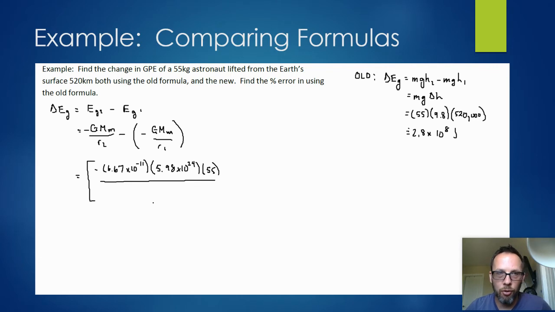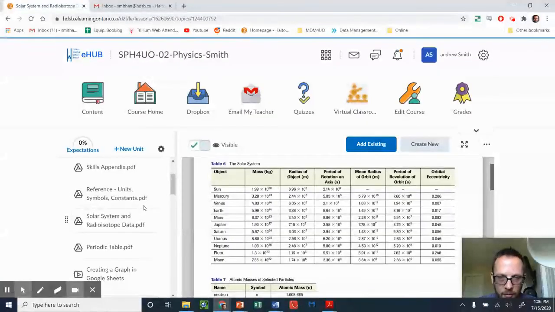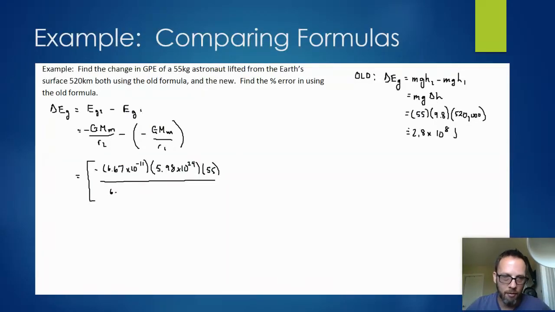And R2, the new radius, is 520 kilometers above the Earth's surface. So we're taking the Earth's radius, which is 6.38 times 10 to the 6, and adding on 520,000, or in scientific notation, 5.2 times 10 to the 5.